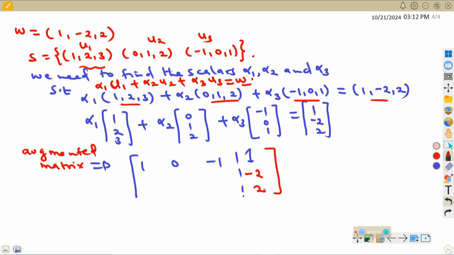That is the only part that will change, but our previous matrix of coefficients will still hold. So we shall have 1, 0, negative 1, then 2, 1, 0, then 3, 2, 1. We shall still use row operations to see whether we can get alpha 1, alpha 2 and alpha 3.